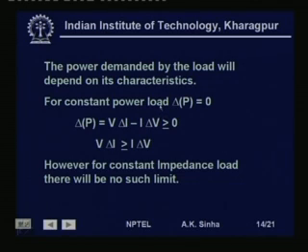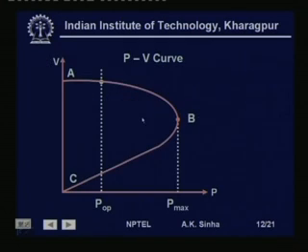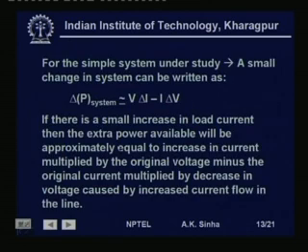That is greater for a constant impedance load. For a constant power load, delta P is equal to 0, so this term will be equal to 0, or this term must be greater than 0. That is, this will be greater than 0 in this part AB. If this term becomes less than 0, then we are in this part BC, and the system becomes unstable.